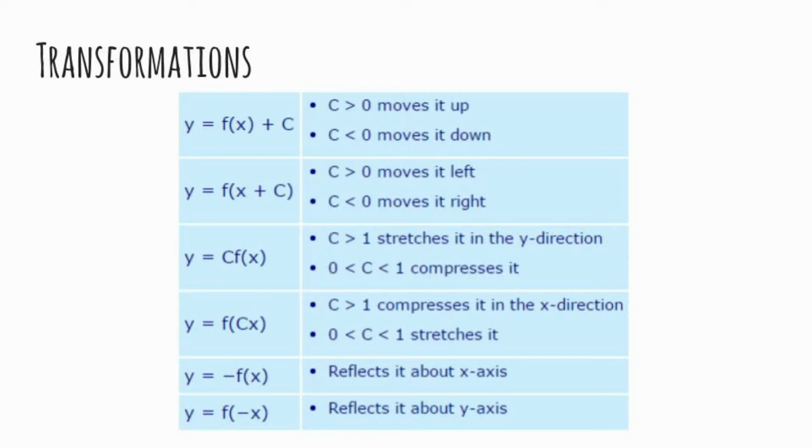If you add a value within the portion of the function which originally only had an x, like if you had x squared and now it was x plus 2 squared, that would give you a horizontal translation left h units. And if you had x minus h inside where you originally had x, you would have a horizontal translation right h units.